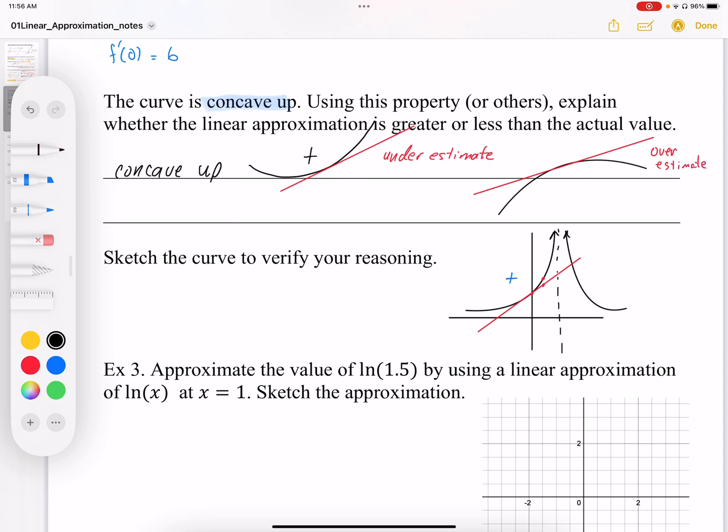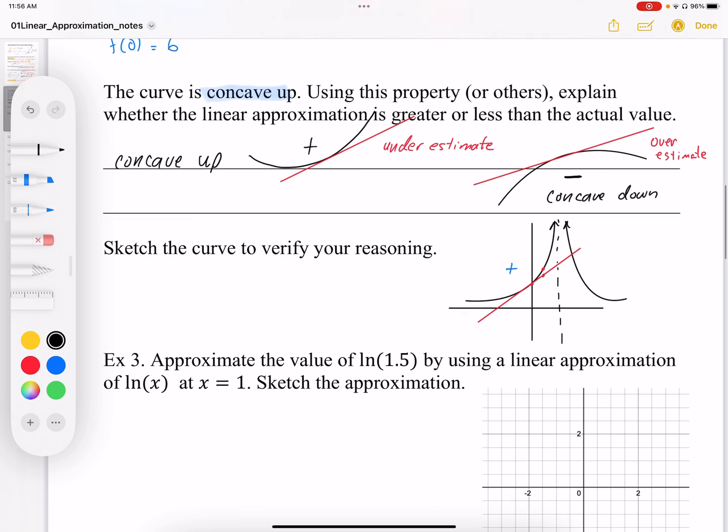And it's to do with the concavity. So here we have a negative concavity, and we can see that that becomes an overestimate, and for concave up, we end up with an underestimate. So that is a property that we're going to start using to determine whether our linear approximations are over or underestimates.